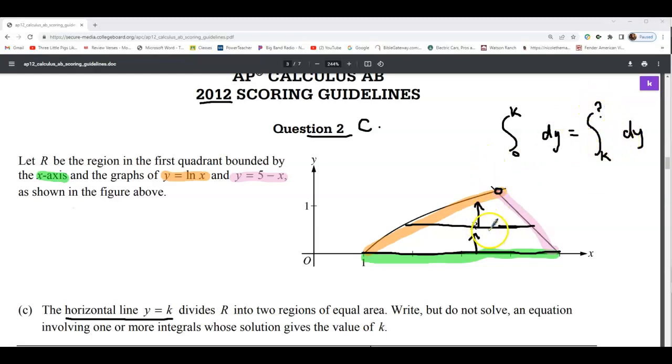Now, since we're doing this with respect to y, we're going to need to change these equations here. These equations are written with respect to x. So I need to change them. For this one, we're going to raise both sides to the e power. And that cancels that out, and we have this. So now, instead of using ln of x for that orange function, we're going to use this instead.